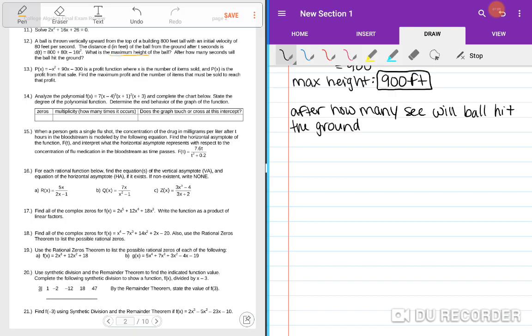Okay, well, we want to know t when the height is what? Well, if it's on the ground, the height, or d here in our case, is 0. 0 feet. It's on the ground. So what I'm going to do is I'm going to set my equation here equal to 0.